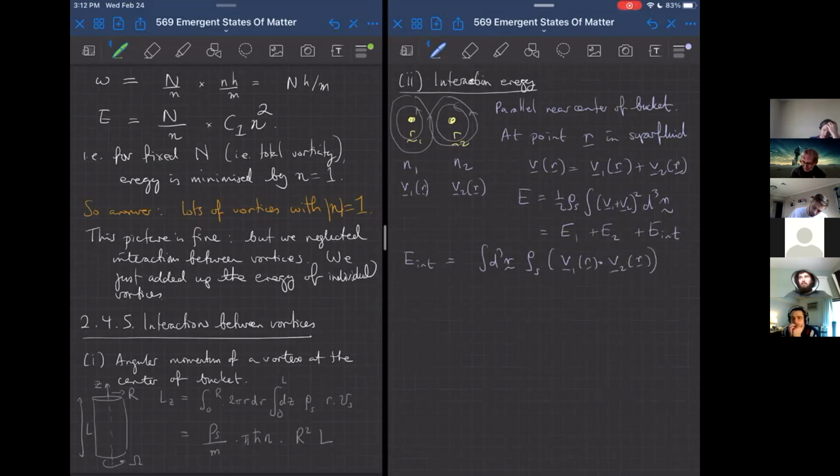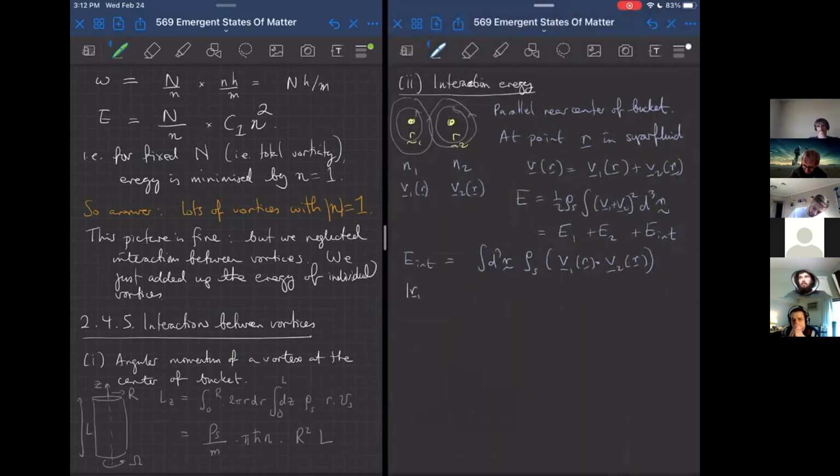And so what we're going to assume is that the vortices are near the center. So we're going to assume that R1 and R2 are much less than the radius of the bucket. We're going to, without any loss of generality, put vortex 1 at the origin. And so that means that V1 of R is going to be h bar N1 over M R times the vector in the theta direction.